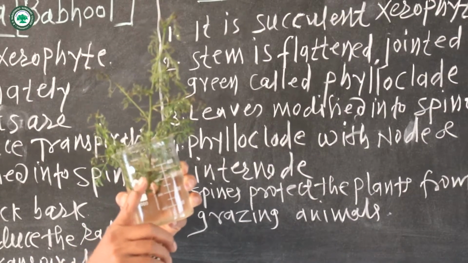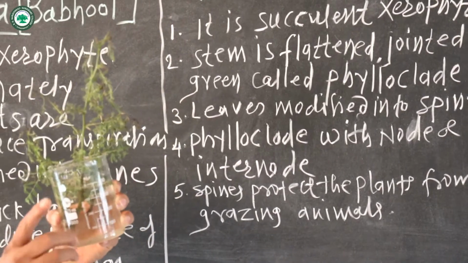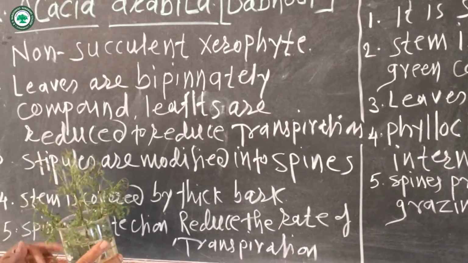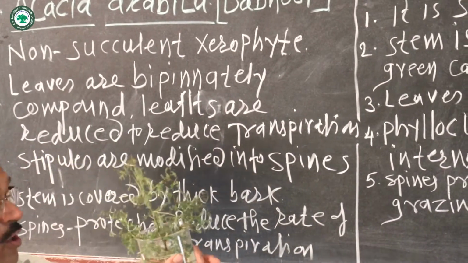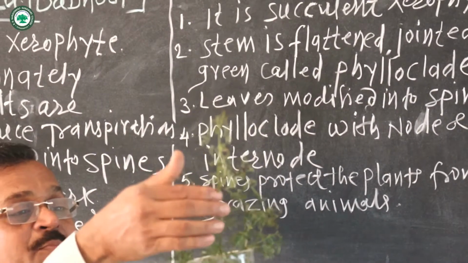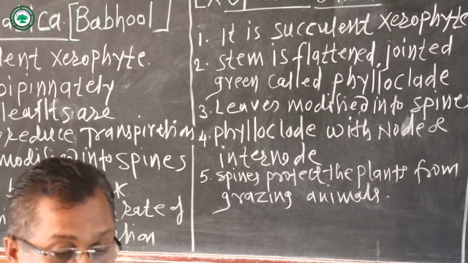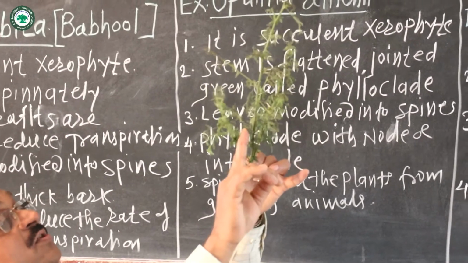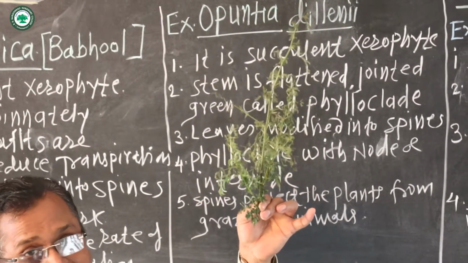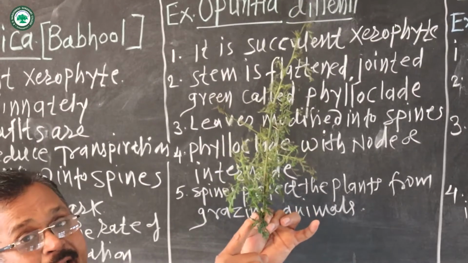There is less water, hence transpiration is reduced to adjust to such climatic conditions. Then stipules are modified into spines. These are the stipules, modified into spines to reduce the rate of transpiration as well as protect the plant from grazing animals.